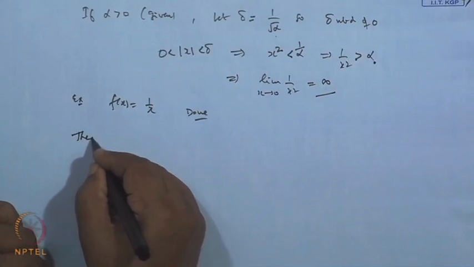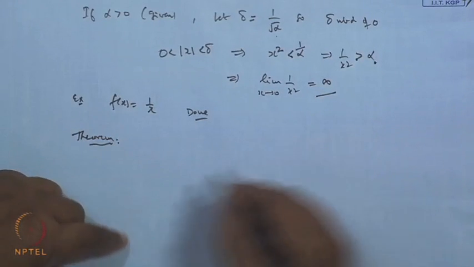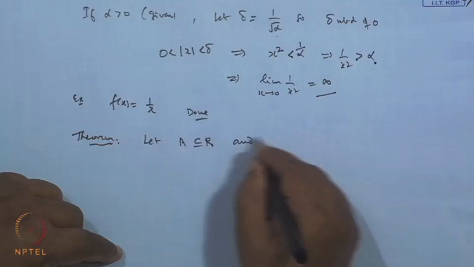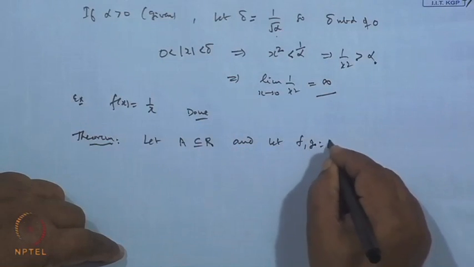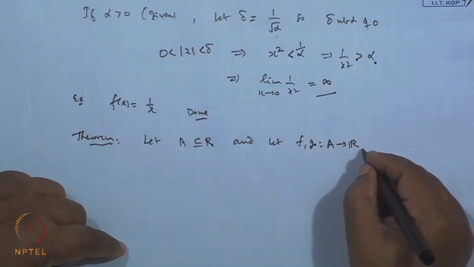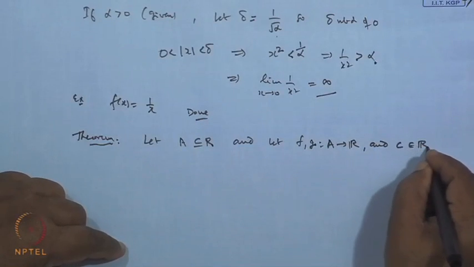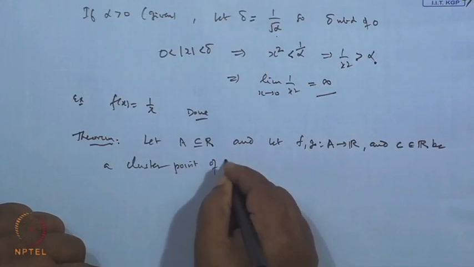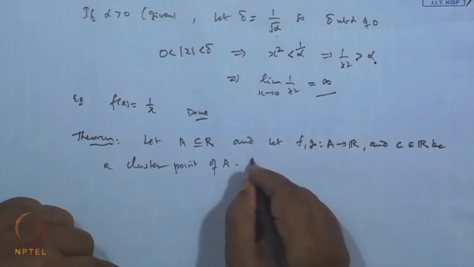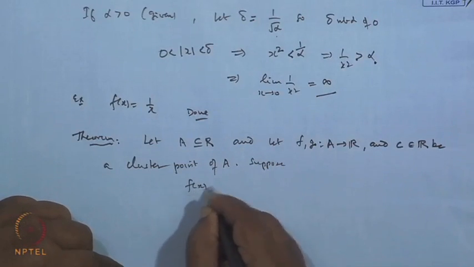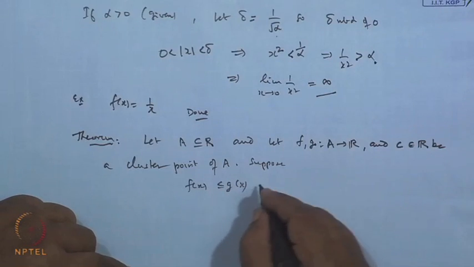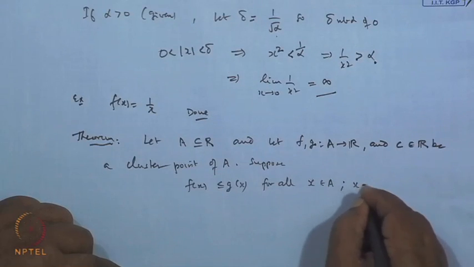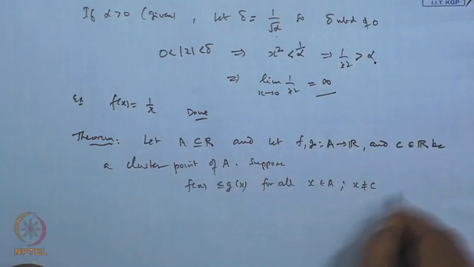That result is in the form: let A be a subset of R, let f and g be mappings from A to R, and let c belonging to R be a cluster point of A. Suppose that f(x) is less than or equal to g(x) for all x belonging to A, but x is not equal to c.